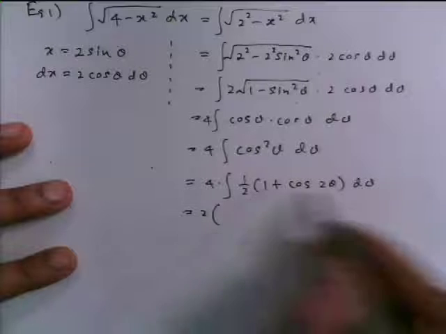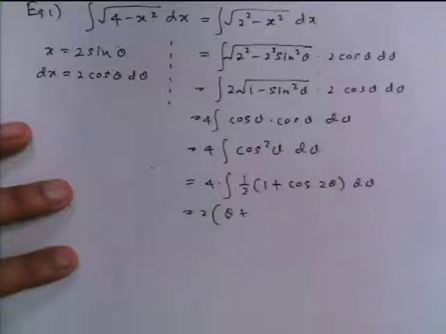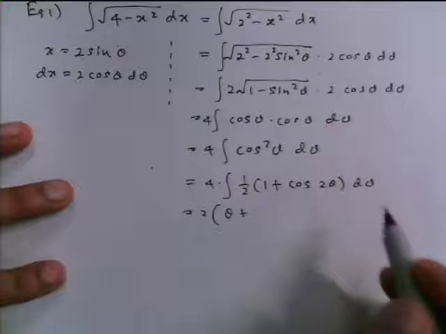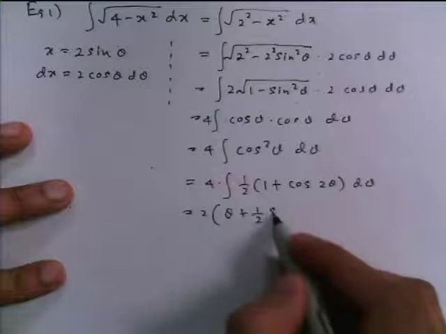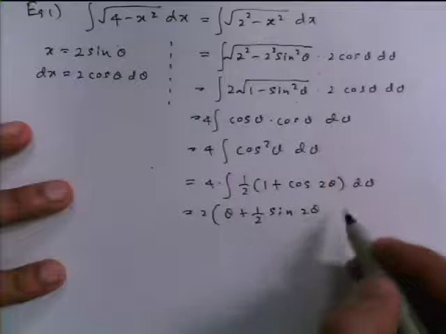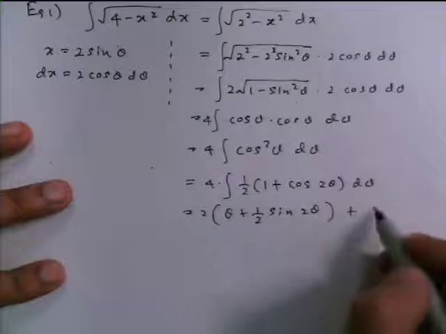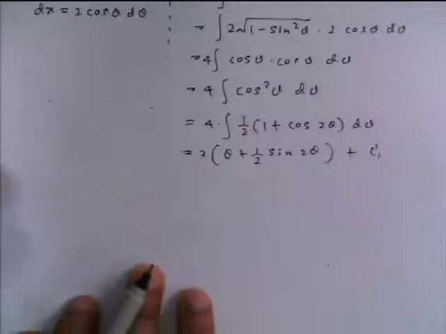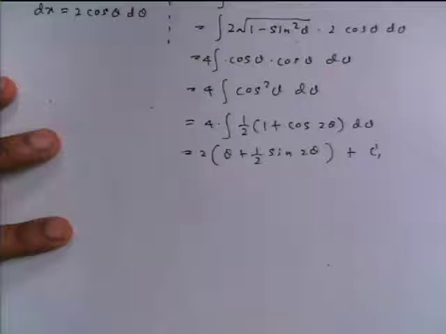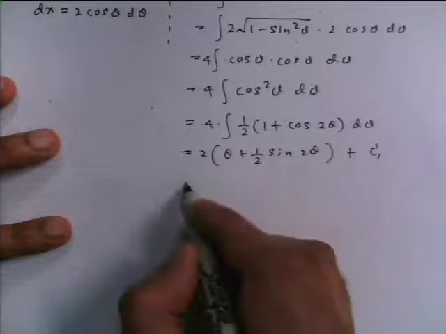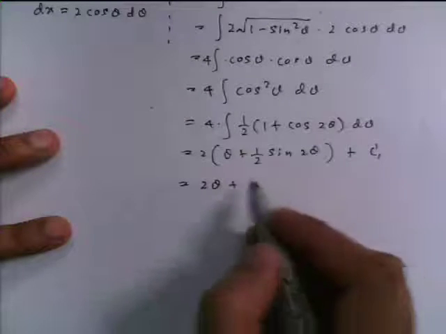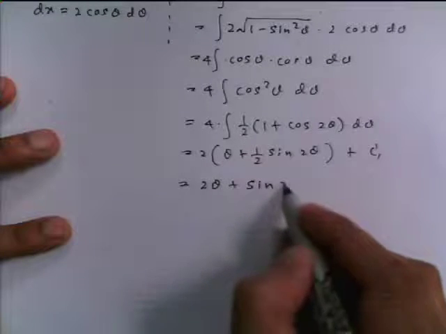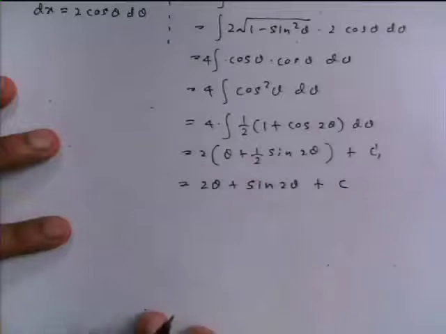And then the integral of 1 is theta, plus the integral of cosine is 1/2 sine 2 theta, plus c. Is that right? But now you can expand this one, so you get 2 theta plus, 2 over 2 gets cancelled, you get sine 2 theta plus c.